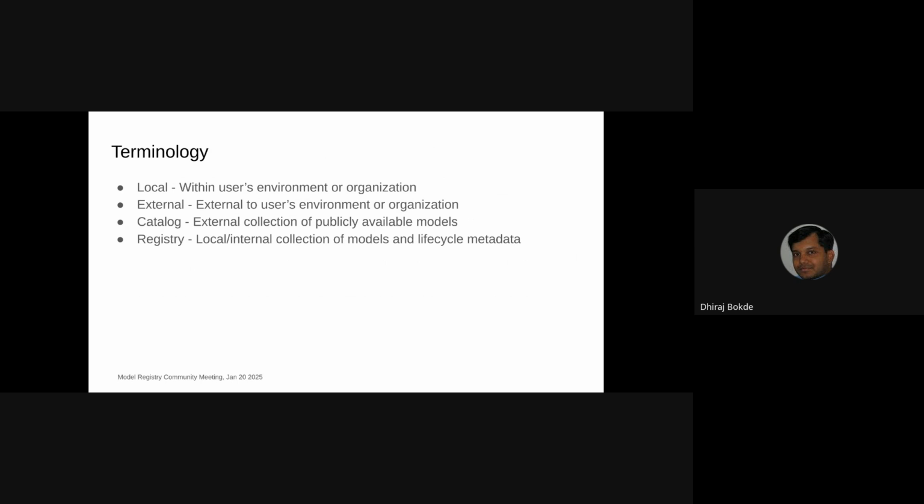And a registry is the internal collection of models that the user might have started by downloading something from an external catalog, and then working on it, modifying it, customizing it for local or internal data. Typically, there's some IP associated with it if the model is within the registry, and it includes the resources, effort and cost the user might have spent in trying to train or customize that foundation model locally.